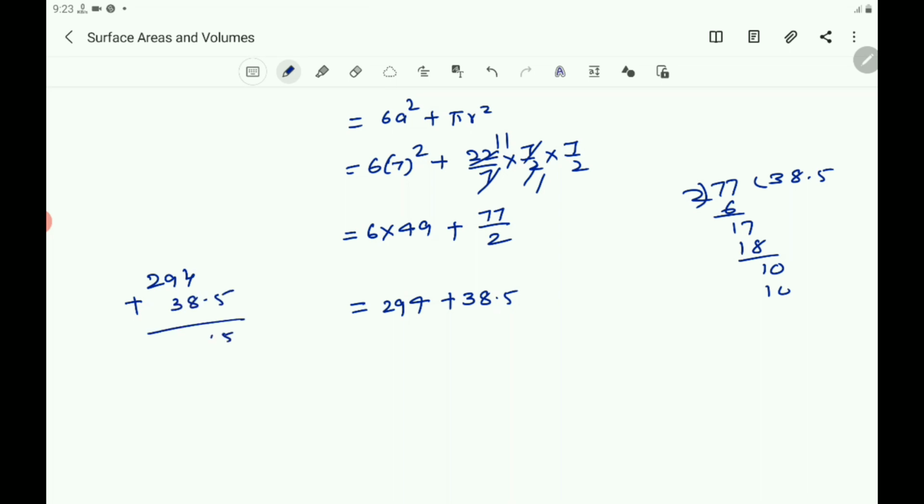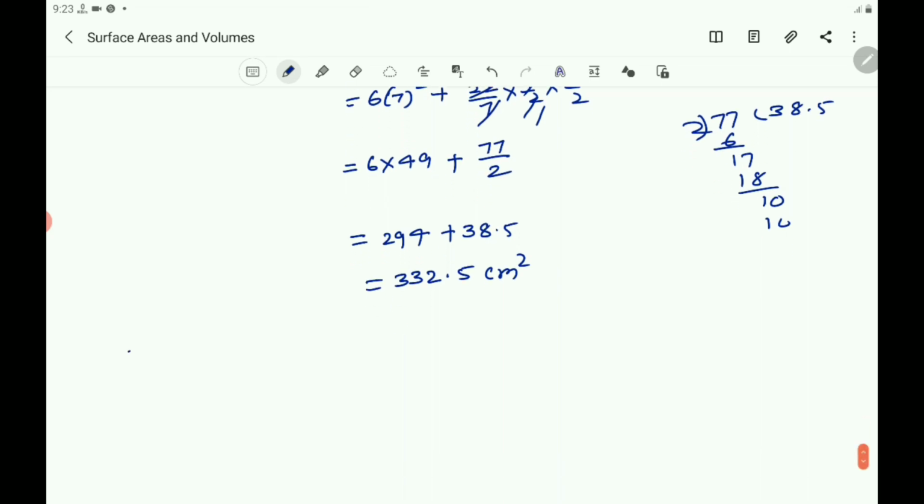Then you will get 332.5 cm square. That is the surface area of the solid. Therefore you write: surface area of the solid equals 332.5 cm square.